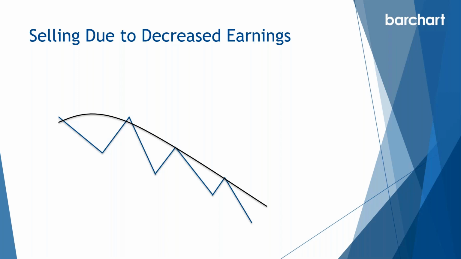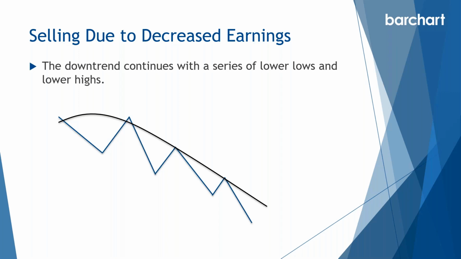But from a technical standpoint, we'll move from charts that look like heads and shoulders or double tops, where trends are now turning to the downside. And this is called the continuation of our downtrends, a series of lower lows and lower highs.